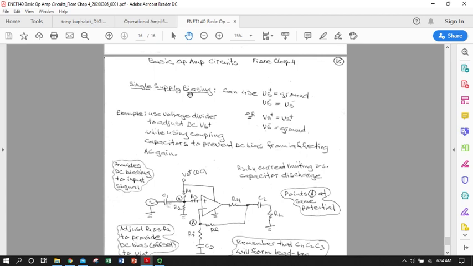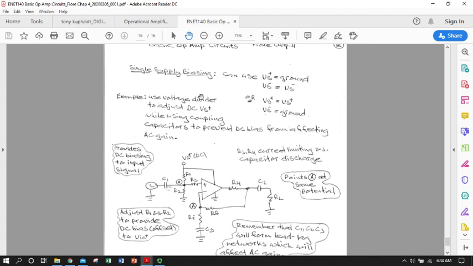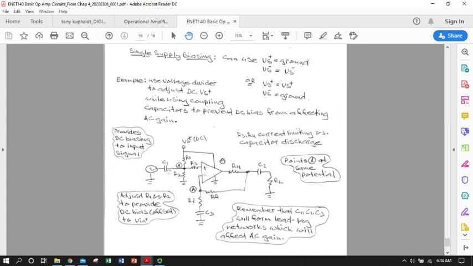So we're going to look a little bit more at using different types of schemes for supply voltages, and the circuit that you see here is what's called a one-sided or single supply biasing. And it makes a lot of sense because going from say 30 volts at Vs plus to ground is the same in terms of net supply difference as going from maybe a negative 15 to a positive 15.